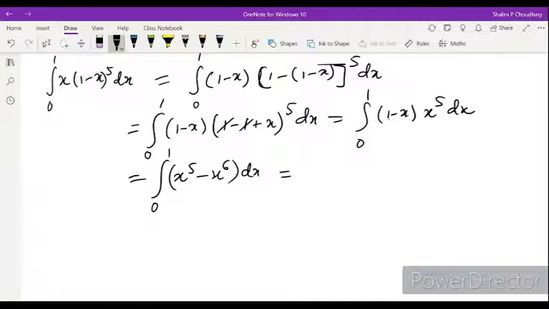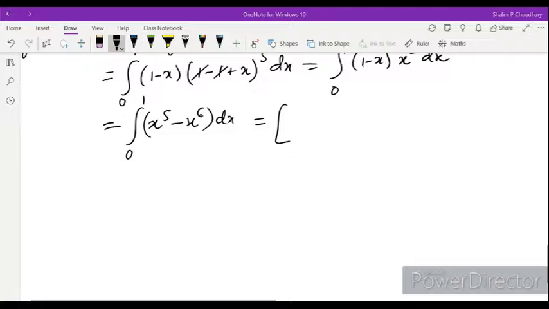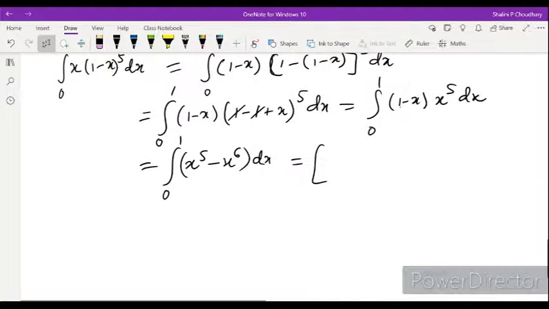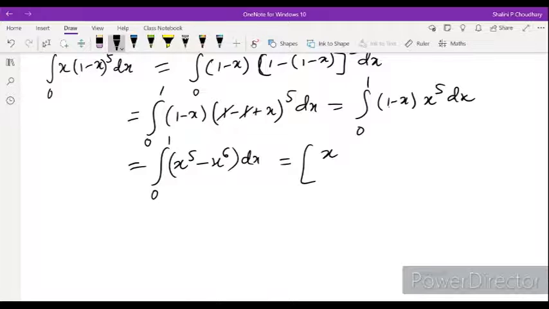Okay, so now we'll integrate this one, x to the power 5 with respect to x. So what value we'll get? We'll get x to the power 6 upon 6, minus x to the power 7 upon 7. Okay, 0 to 1. So now first of all we'll put the value of x is equal to 1.